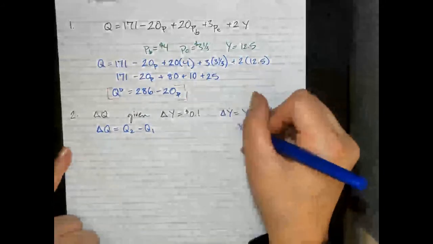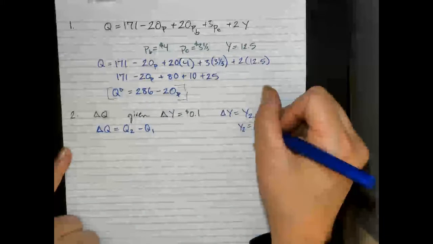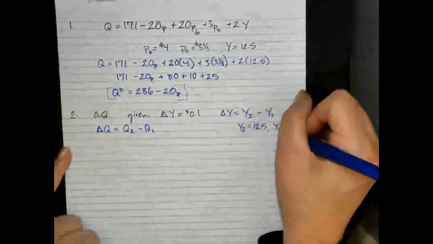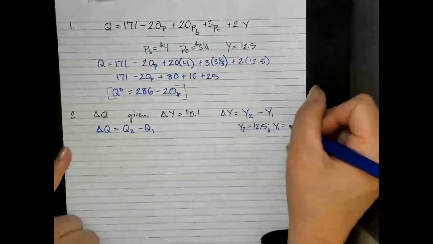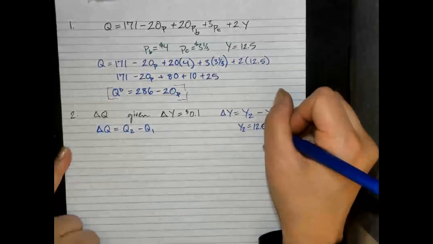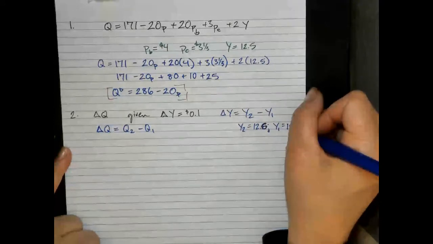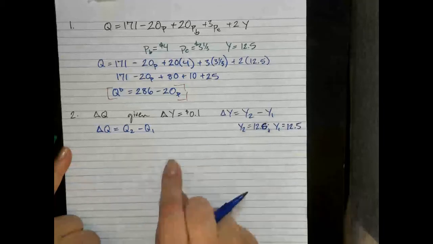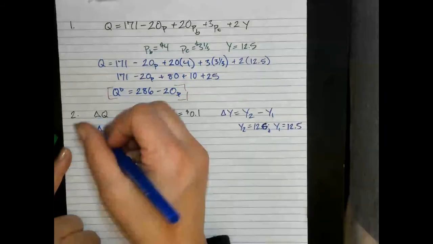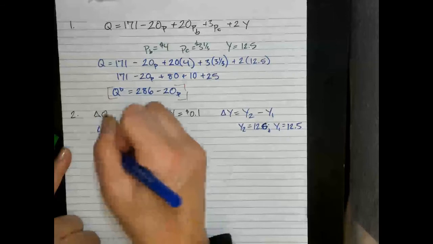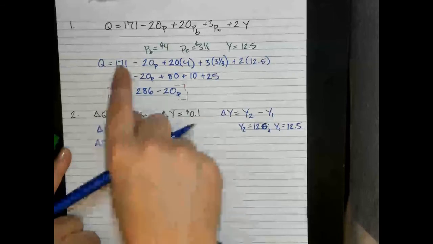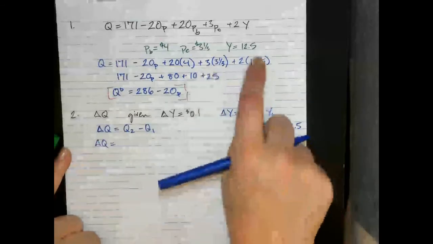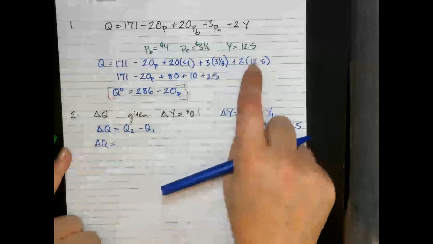In this case, Y2 is 12.6 and Y1 is 12.5. So we can go ahead and sub in those values into this equation. We're just going to call it Y1 and Y2.